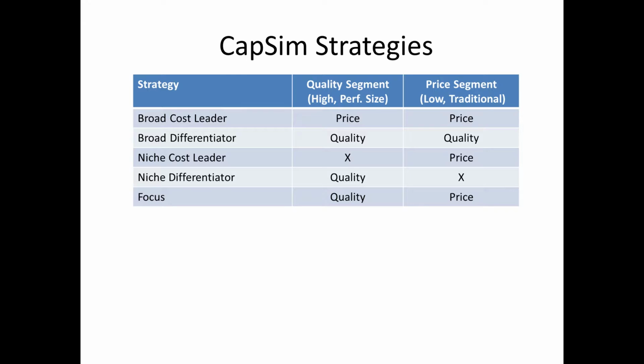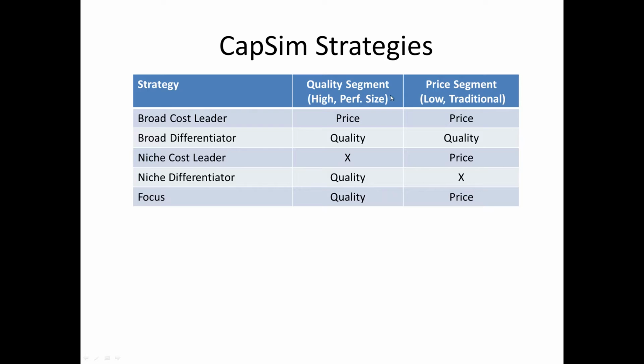A differentiator is somebody who's primarily focused on differentiating their product in terms of features and so competes on quality. And you're either broad or niche, depending on whether you're doing that across everything or only in certain segments. And then you can be focus if you decide to be quality in some segments and focus on low cost leadership and therefore price in others.